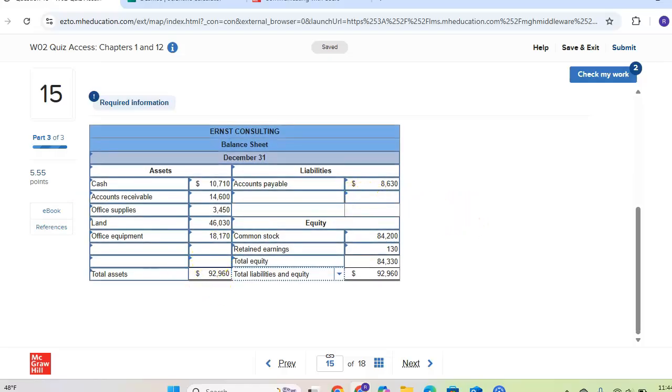And as you can see, the left-hand side of total assets and the right-hand side of total liabilities and equity equal each other, 92,960 to 92,960. It's important that these balance out so that you have assets to pay for your liabilities and equity, where liabilities are more like a negative and assets are more of a positive. And so you want them to balance out.